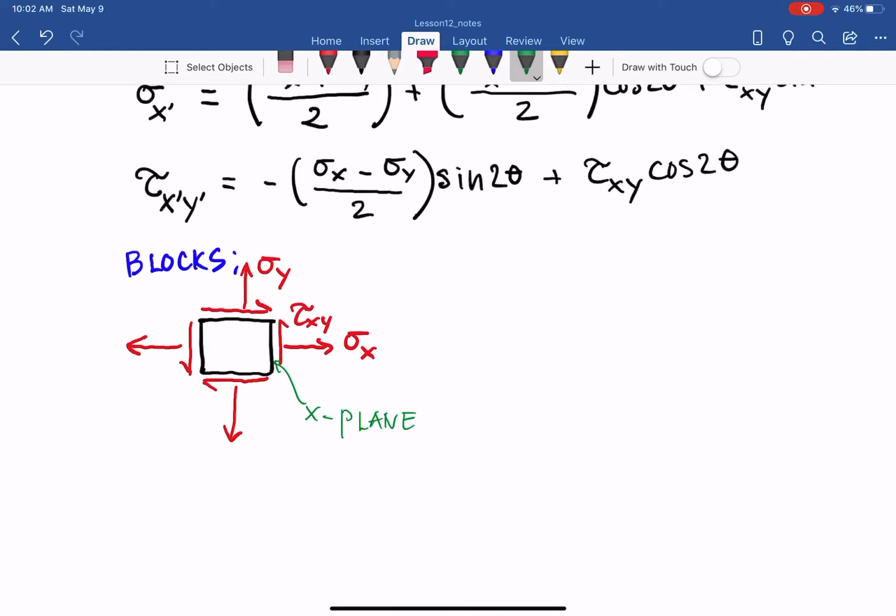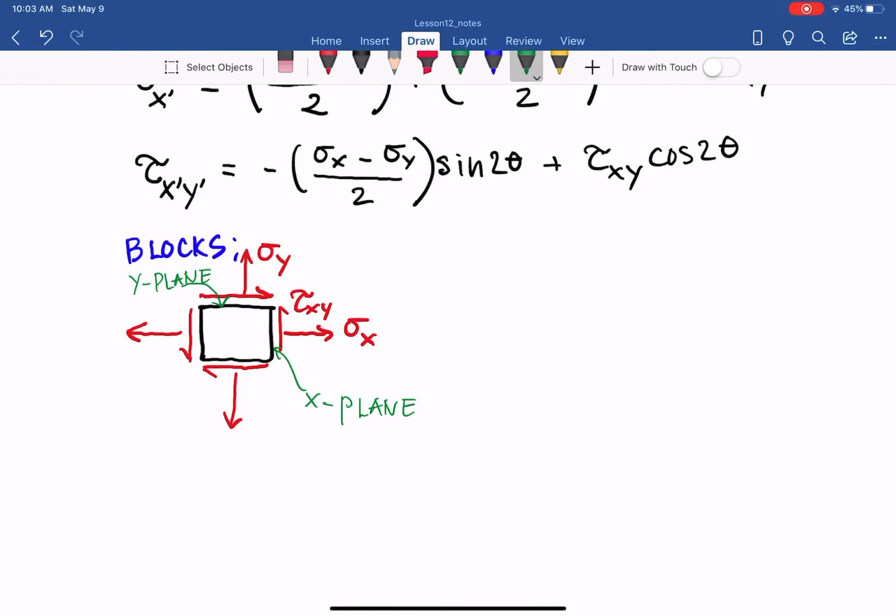And this one here, that plane, we call the y plane. Like I said, the plane is defined by the axis perpendicular to that plane. So the y plane is parallel to the x axis, not vertical, as you can see there. That explains the two positive shear stresses that you have in the blocks.